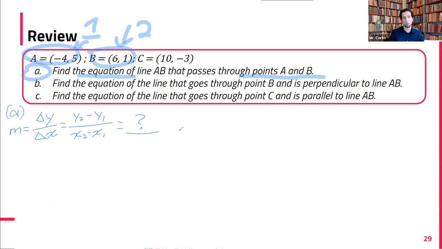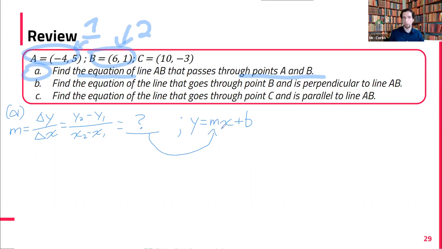Then we write the equation of a line, which is y equals mx plus b. We choose a random point and put the coordinates of this point into this equation. A or B, we can choose. It's one of the points that we know is on our line.